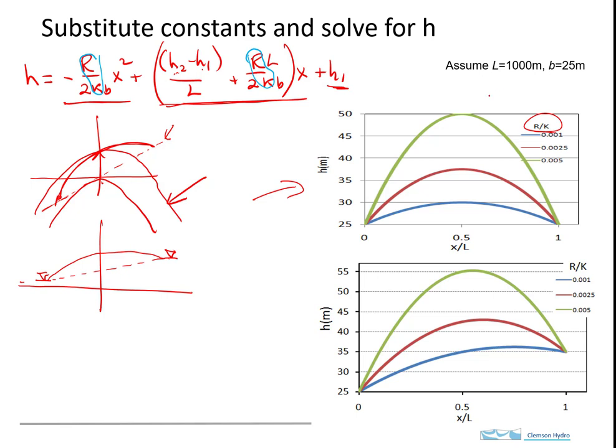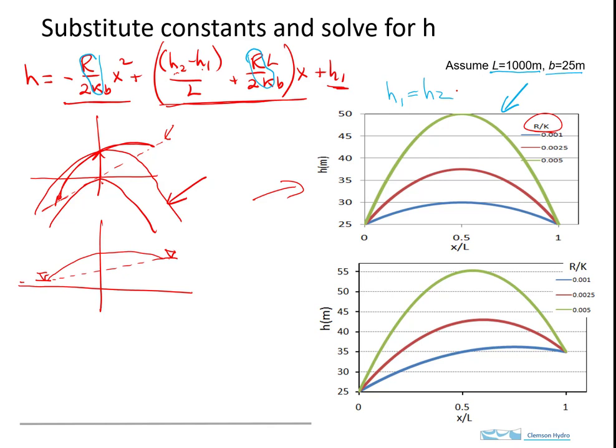And so what I did over here to plot this was I set a value of L equals that and B equals that. And then H1 equals H2, so the heads on either side are equal.